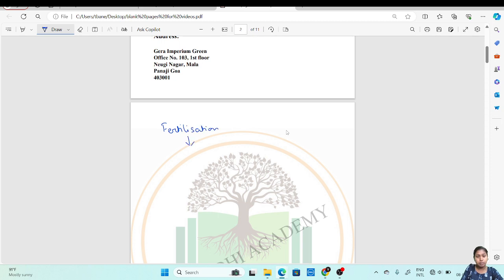In fertilization, male and female gametes fuse, and it forms a zygote. And this zygote further develops to form an embryo.